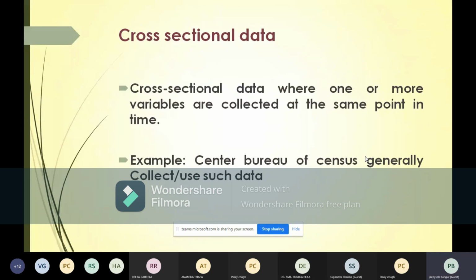The data of voting or population or anything collected by a single organization at the same point of time comes under the cross-sectional category. That collection is happening at the same time.